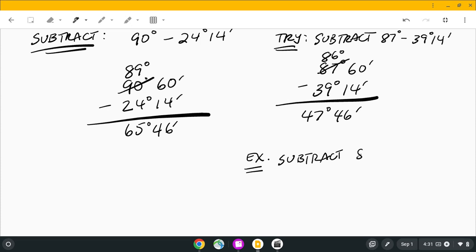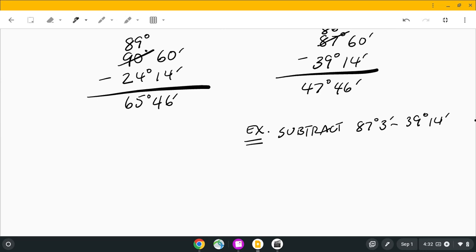Let's suppose you did have 87 degrees and 3 minutes, and you had to subtract 39 degrees and 14 minutes. You still don't have enough to subtract 14 minutes.